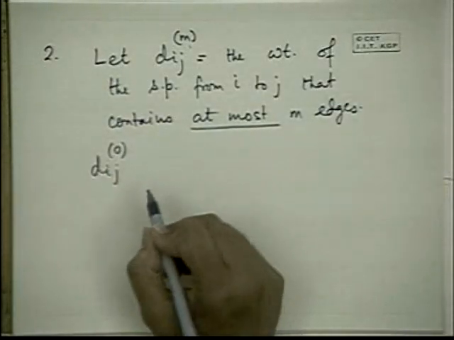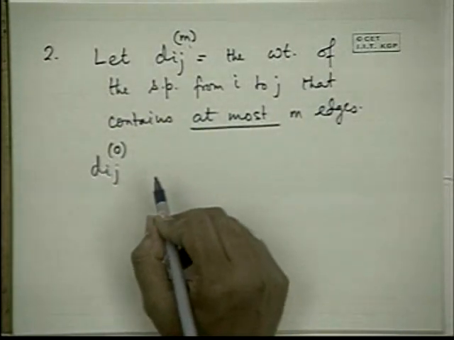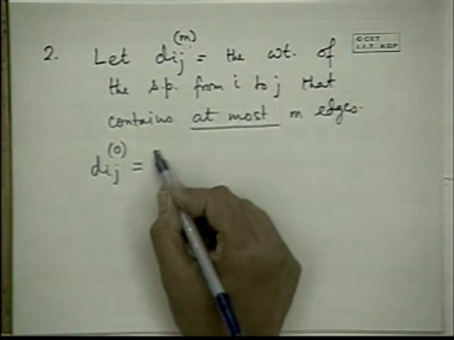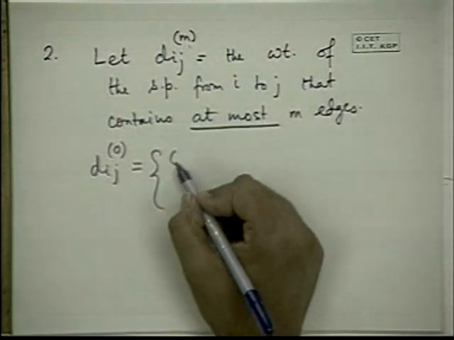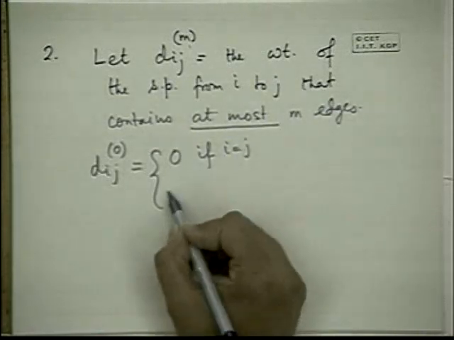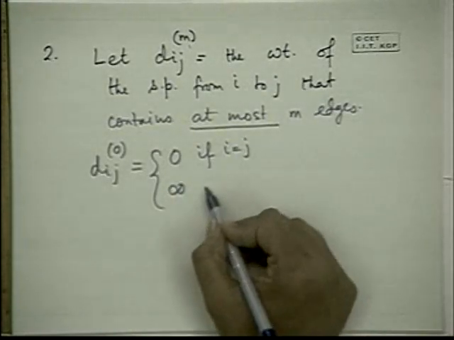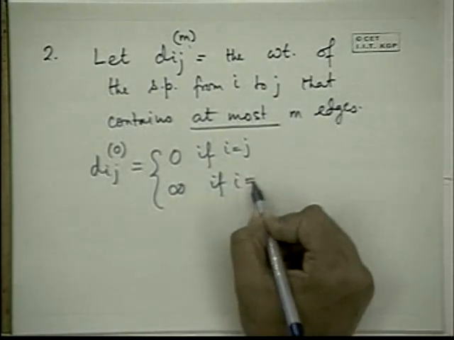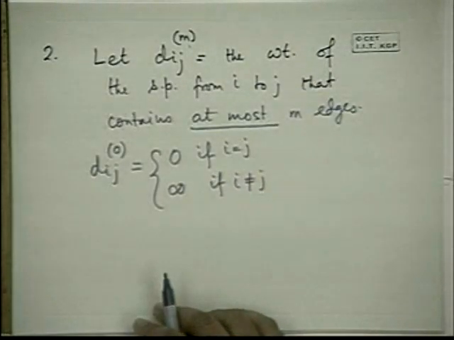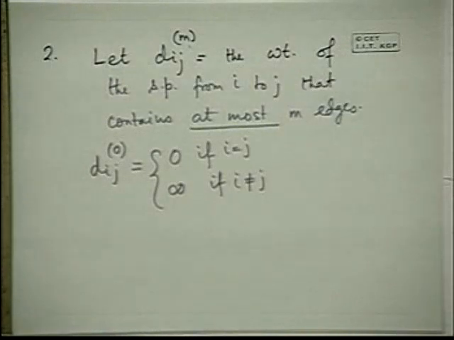That means a path from i to j with 0 edges. This is equal to 0 if i equals j, otherwise infinity if i is not equal to j. This is basically the base case, because we are going to give a recursive definition.